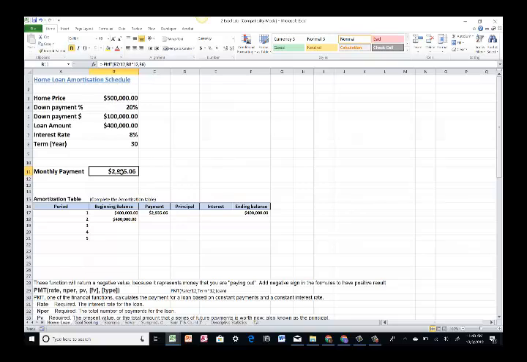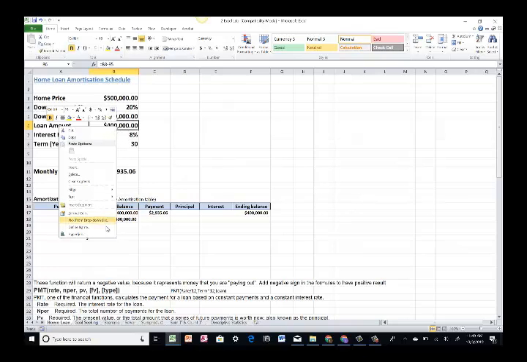I'm going to be using the monthly payment, the interest rate, the term, and the loan amount. Those are the cells I'm going to be naming to use in my amortization table formulas. To name the range of the cell, you need to select the range of the cell, right click, and go to Define Name.